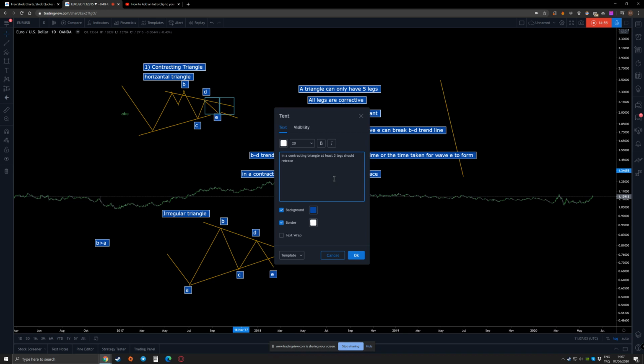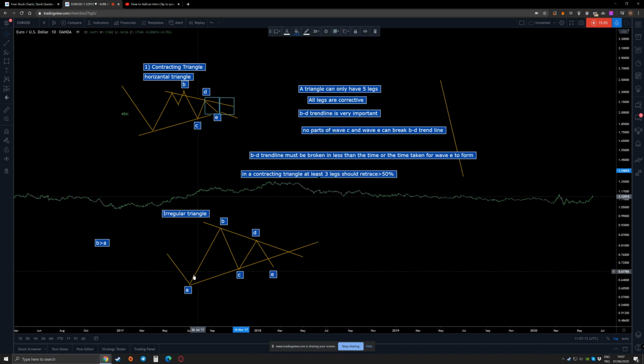So I will write it like this. So you take the fib for wave B, take the C wave, it will have to be more than 50. Take this from B to C.